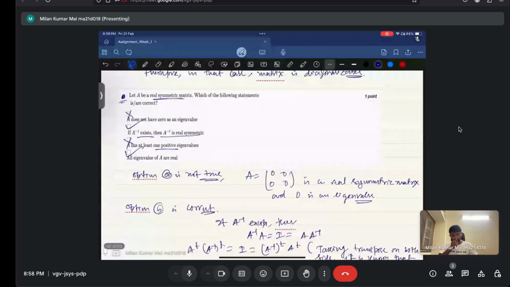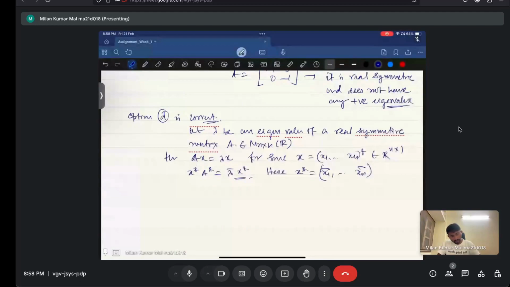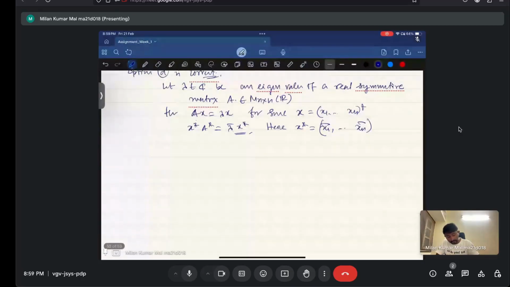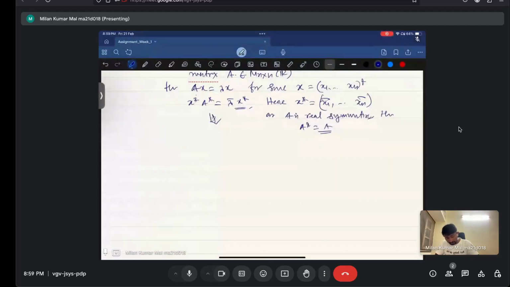Why need the vector not be real? So let lambda belong to C be an eigenvalue of a real symmetric matrix A. As A is a real matrix and symmetric, A transpose is equal to A. Therefore x star A is equal to lambda bar x star.